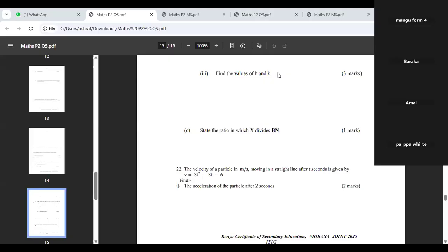Since H, we already have H. H is a scalar. So BX is 6 over 7 BN. So since BX can be written as a scalar multiple of BN, then we can say that BX and BN are parallel. So the answer that you're going to write there, you would write, since BX is parallel to BN and they share point B, then the points B, X, and N are collinear.